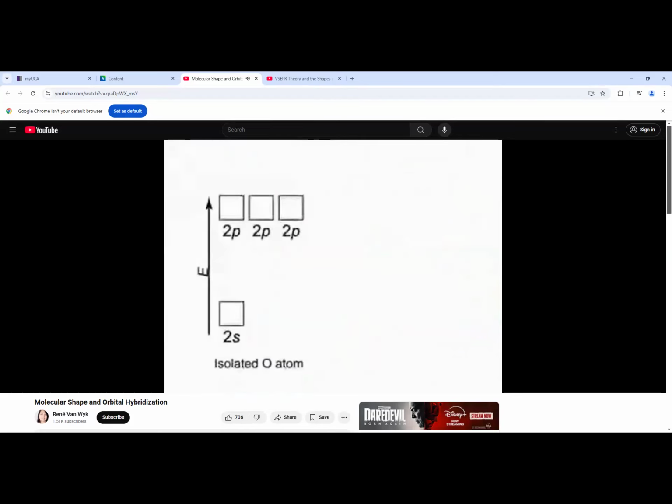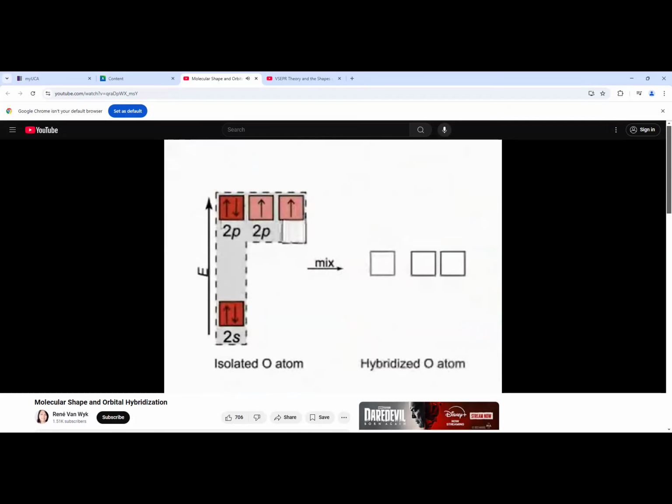In the case of water, with its V shape, the model proposes a situation similar to that for ammonia. The 2s orbital of the central O atom mixes with its three 2p's and becomes four sp3 hybrids. But now, two of the hybrid orbitals are filled with lone pairs.